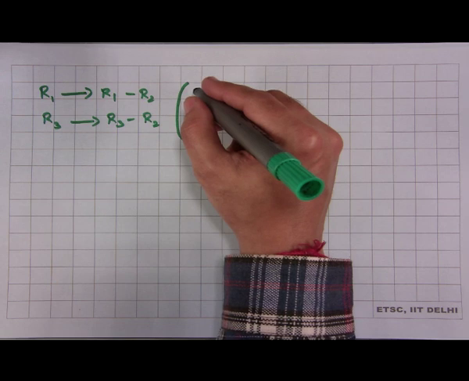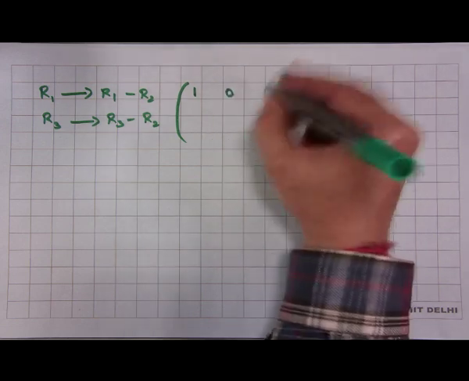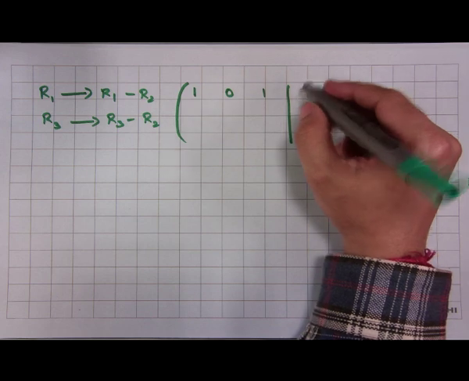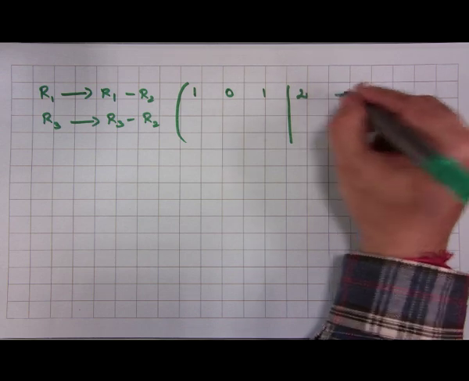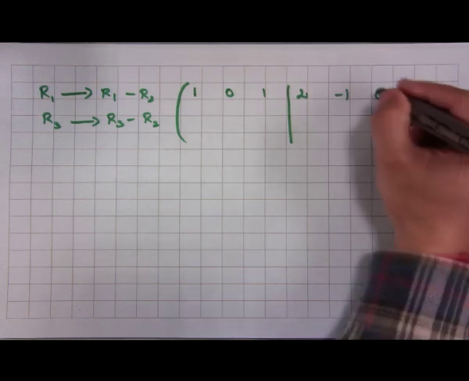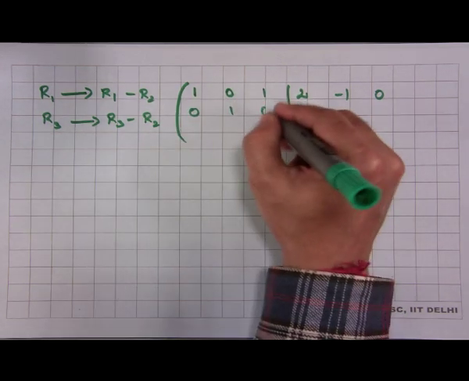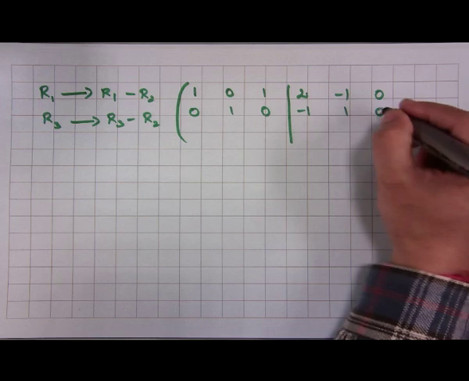R1 minus R2: 1 minus 0 which is 1, 1 minus 1 which is 0, 1 minus 0 which is 1; the other part 1 minus minus 1 which is 2, 0 minus 1 which is minus 1, 0 minus 0 which is 0. Second row remains unchanged: 0 1 0, minus 1 1 0.